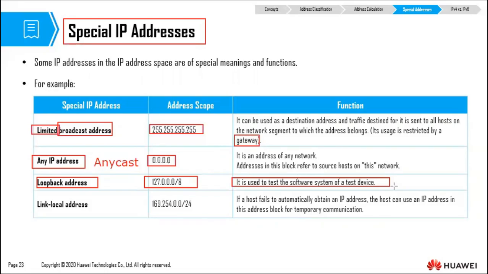When you want to test whether your networking is working, you can, for example, send a ping to 127.0.0.1 just to find out if the software system for your computer network is working. Are you getting the point? So it's a virtual interface or IP address that is reserved for that testing.